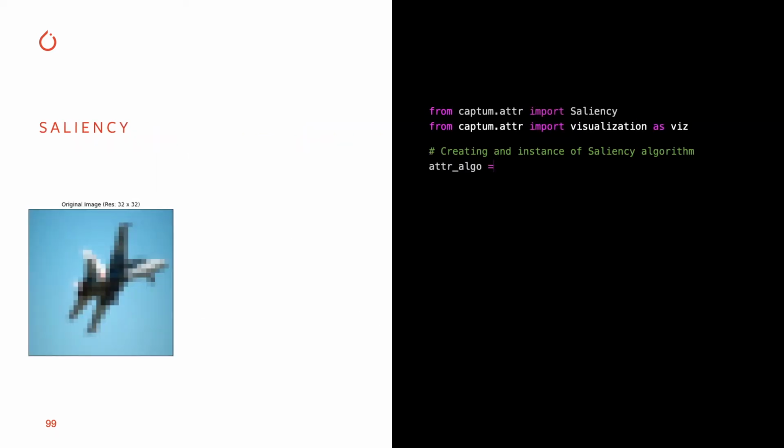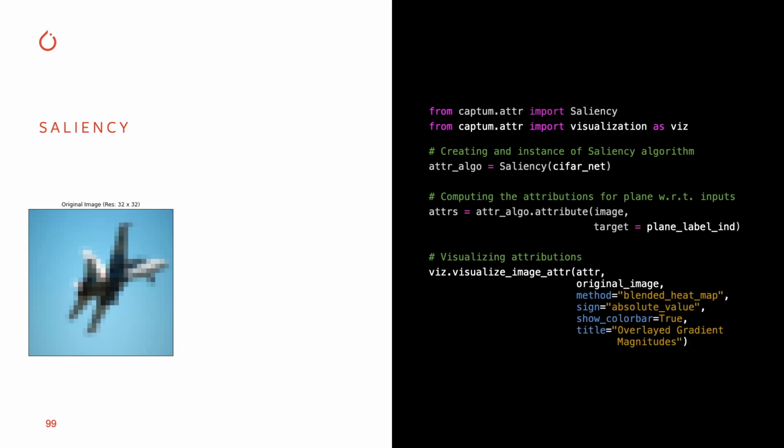Here we provide code snippets showing how we can compute feature importance scores using the saliency algorithm from the Captum library for the prediction of a plane on the image using a model trained on the CIFAR dataset. To do so, first we import the saliency algorithm from the captum.attr package. Apart from that, we also import a visualization component from the same package that will help us visualize important pixels on the image.